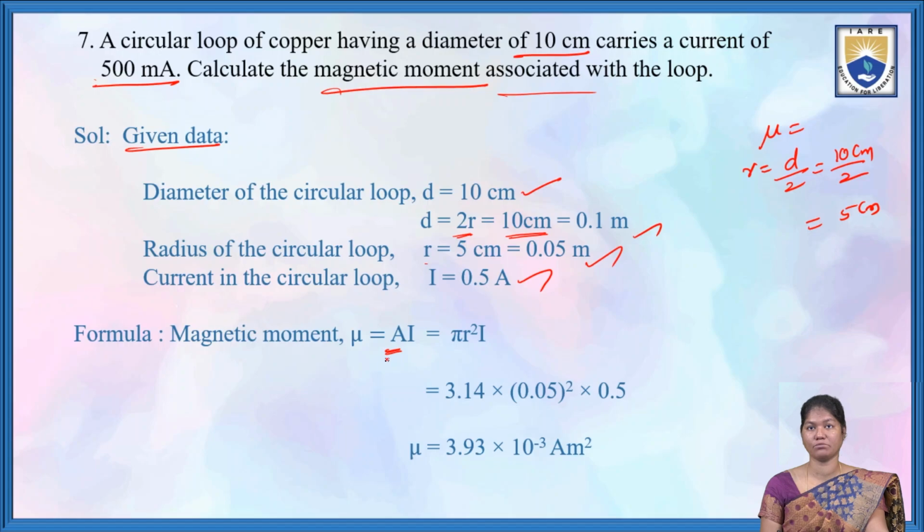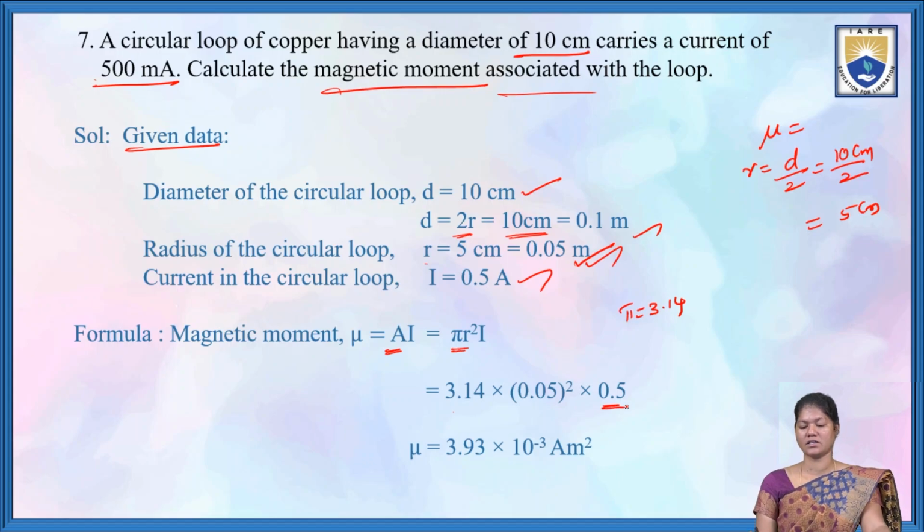So magnetic moment mu is equal to the area of the loop, which is a circular loop, so pi r square into current I. The value of pi is 3.14. So 3.14 into the radius 0.05 meters, so 0.05 whole square, into I.